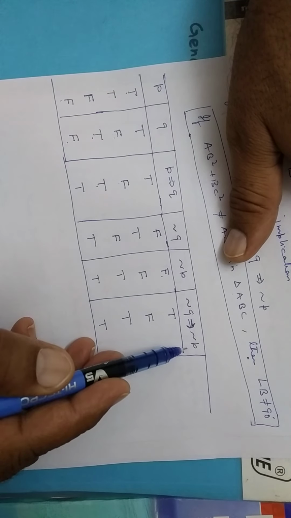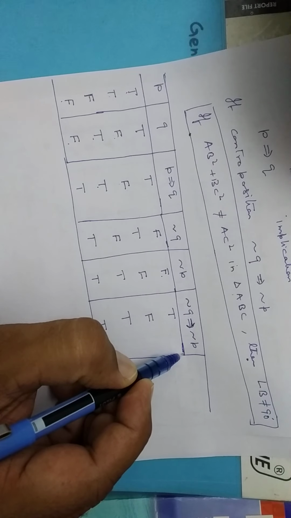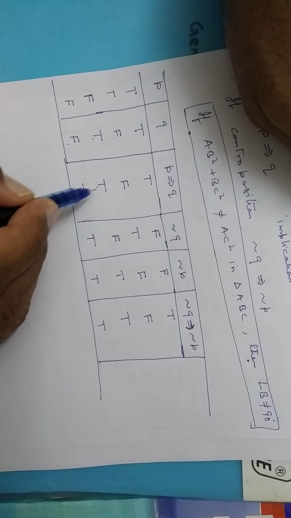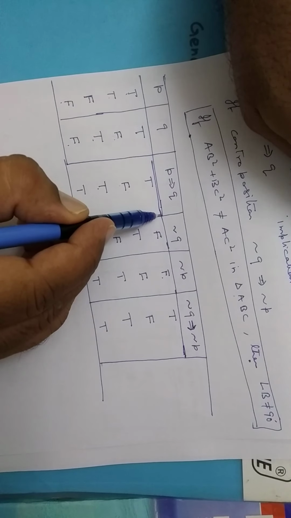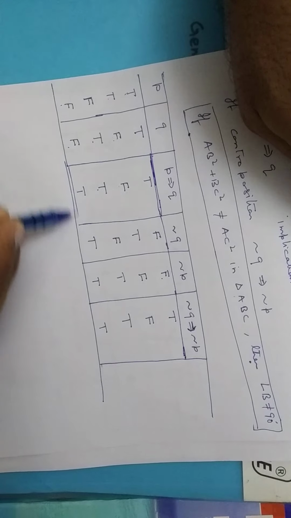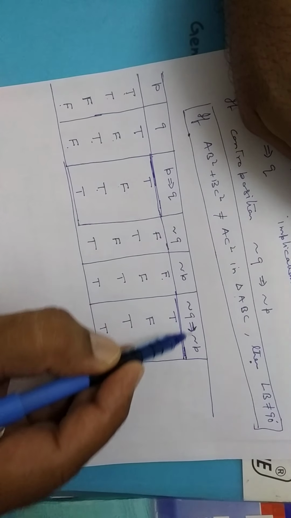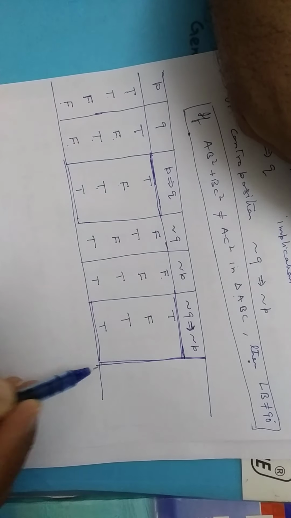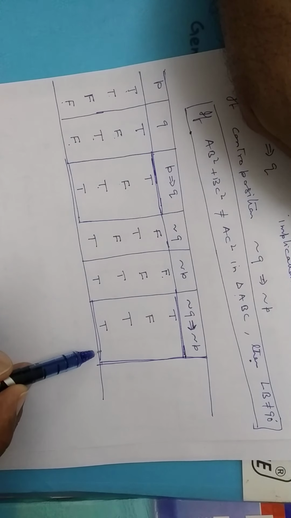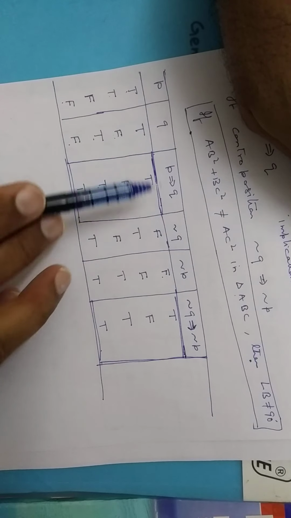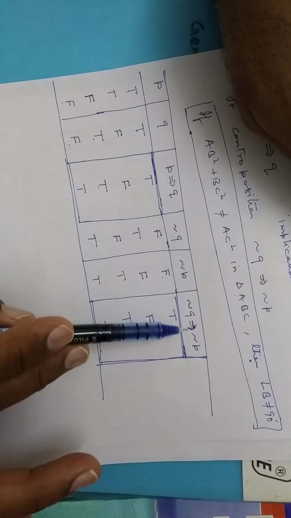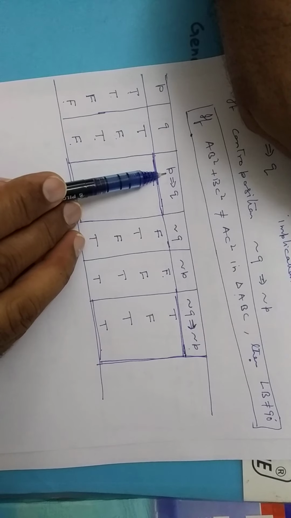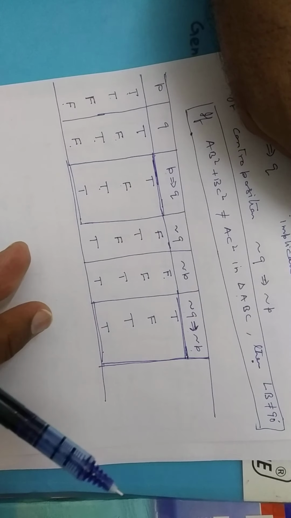Negation of Q implies negation of P is our contraposition implication of P implies Q. So here we are seeing that the truth value of P implies Q is the same as negation of Q implies negation of P. The contrapositive of P implies Q is negation of Q implies negation of P, and the contraposition of that is P implies Q, meaning they are contrapositive of each other.